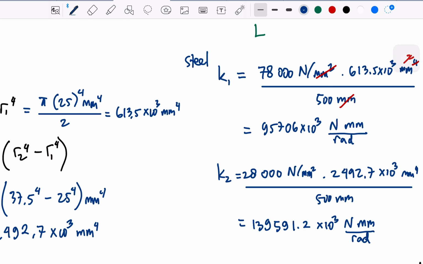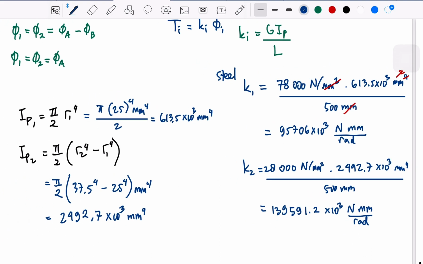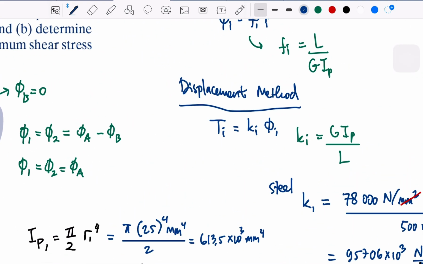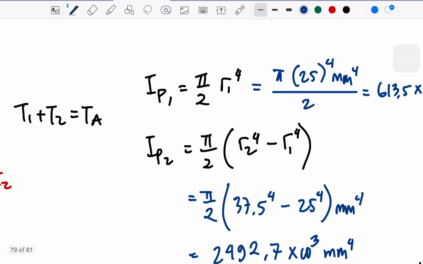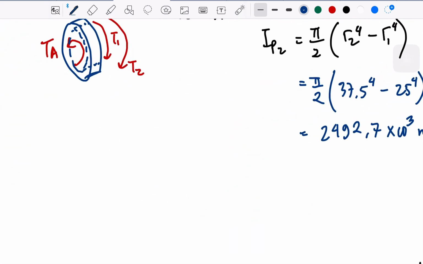And then we are going to take this K into our displacement method here.